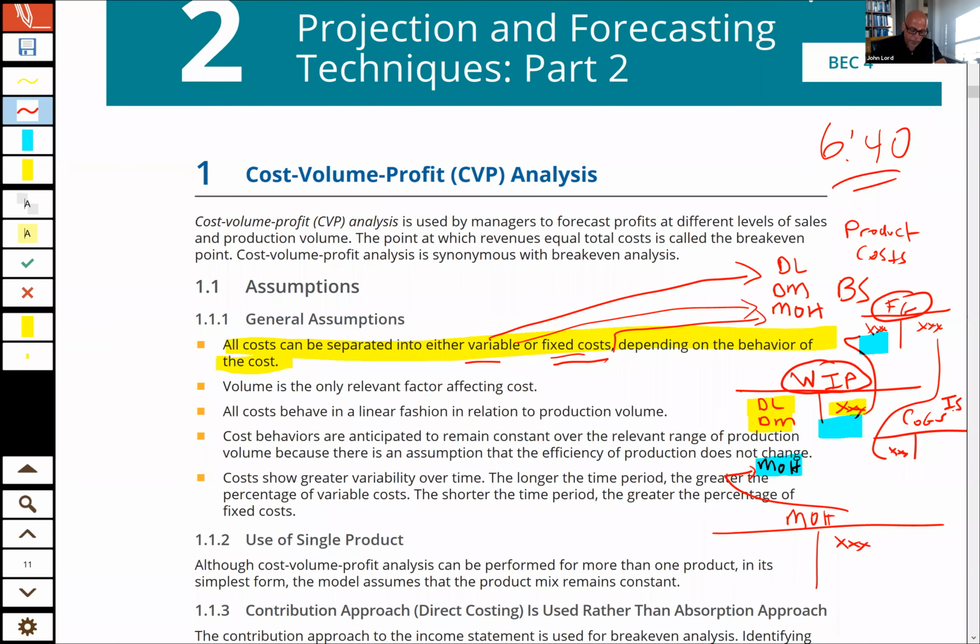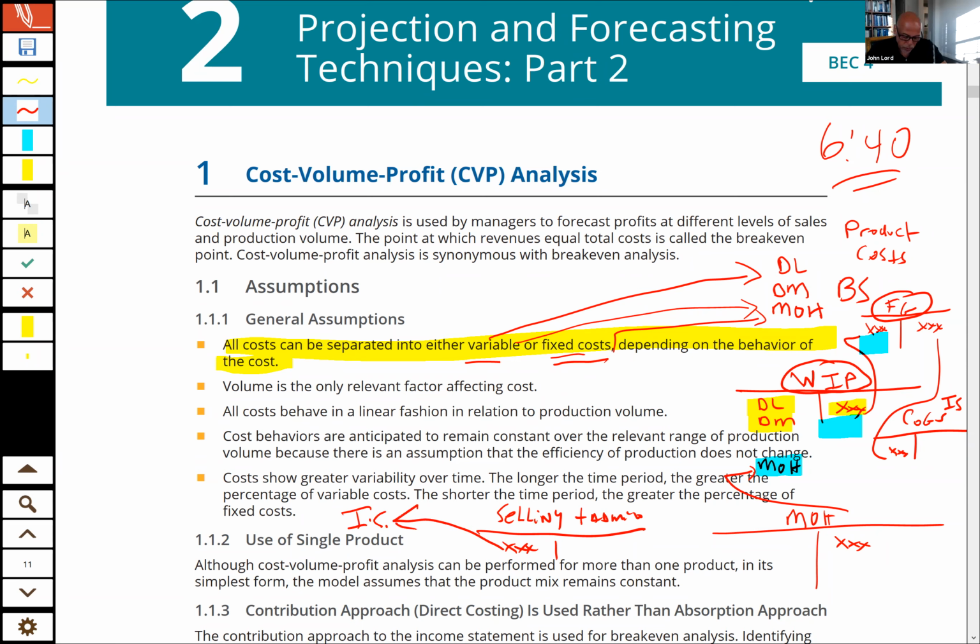Okay. How about selling and administrative expenses? This is a period cost. Income statement. Good. Selling and admin, what would go straight to my income statement? I guess I better put my income statement over here because I'm running out of room over there.